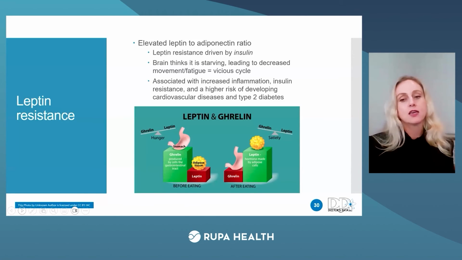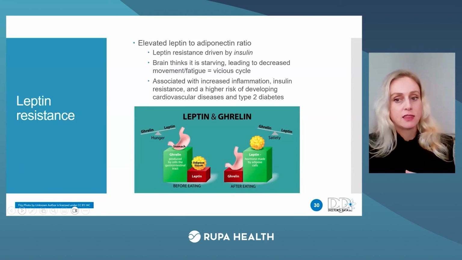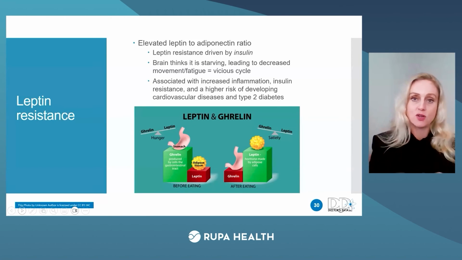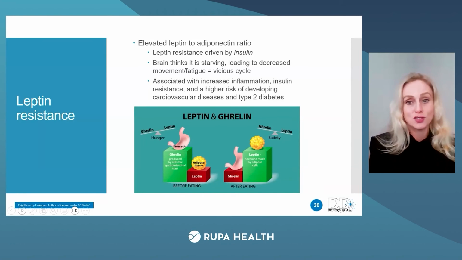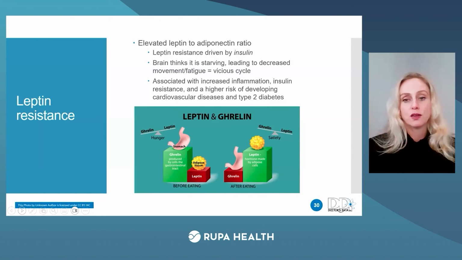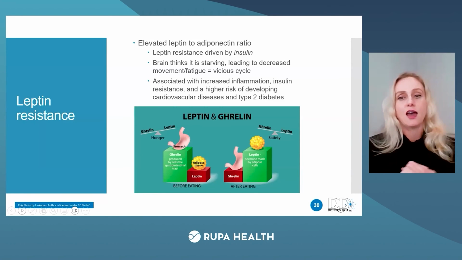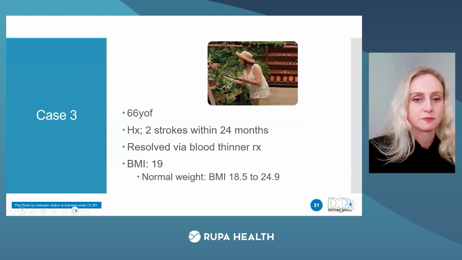And what happens is the patient doesn't feel full after he's eaten, and the brain actually interprets this as a starvation mode, and that leads to decreased movement and fatigue. So remember, he doesn't feel like exercising. He's tired. There's a neurological basis, an endocrine basis as well, associated with that. So we really want to help these patients and treat them with respect. So this is associated with increased inflammation, insulin resistance, and a higher risk of developing cardiovascular disease and diabetes mellitus.